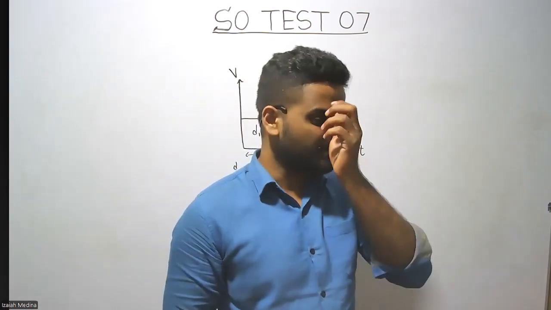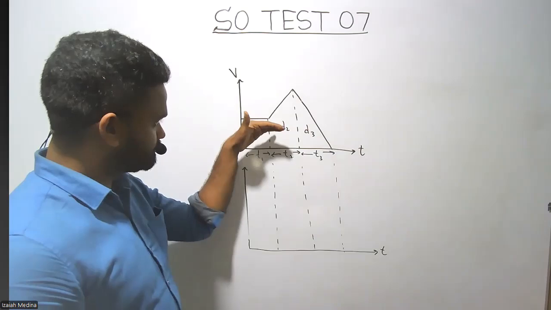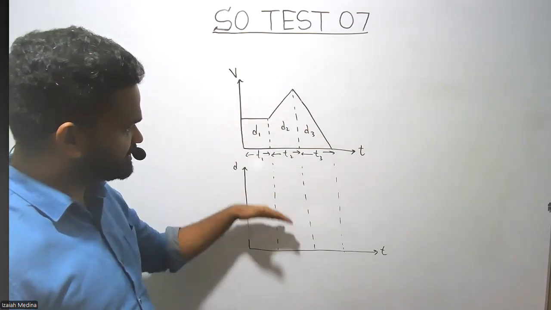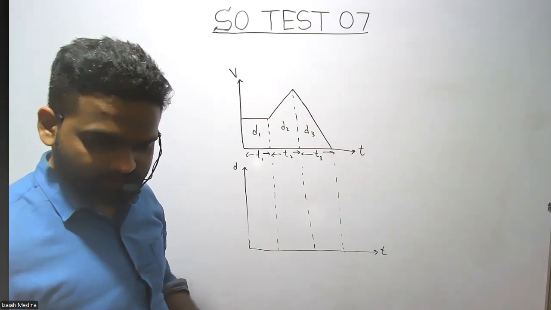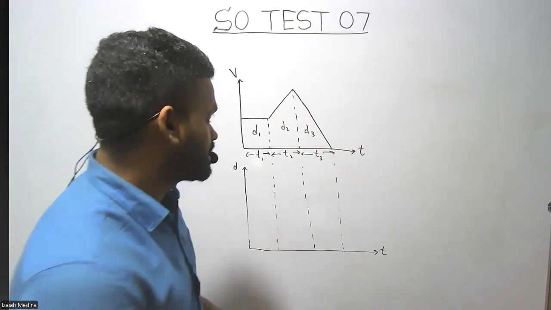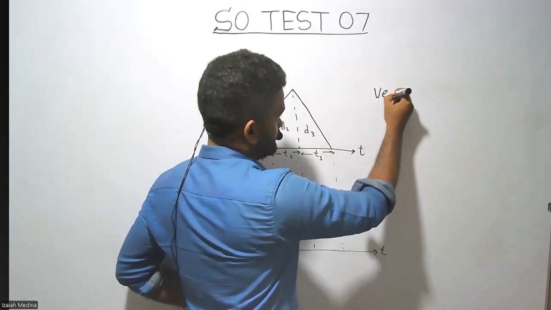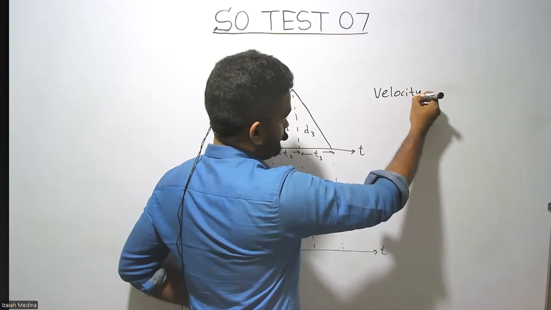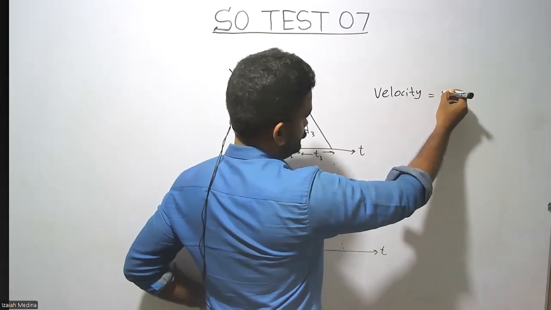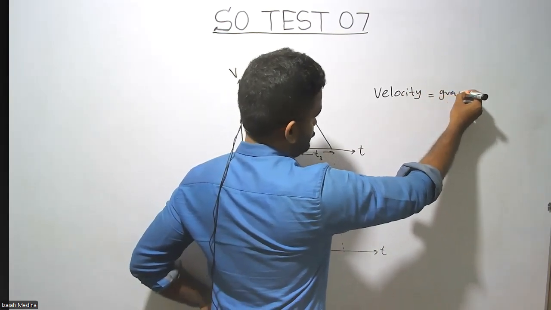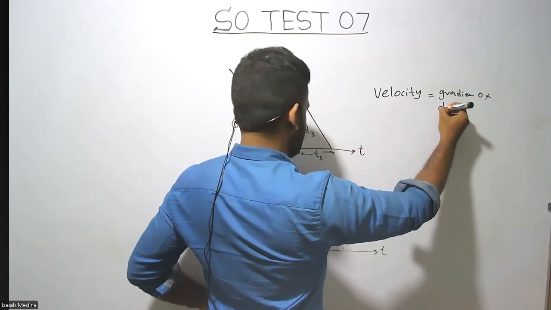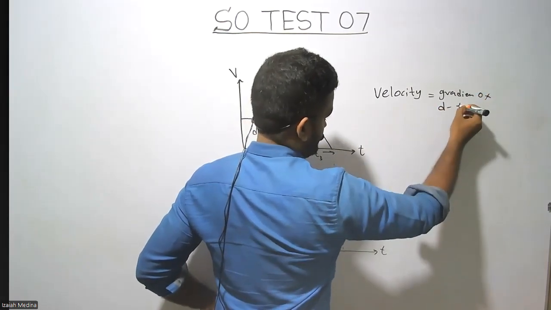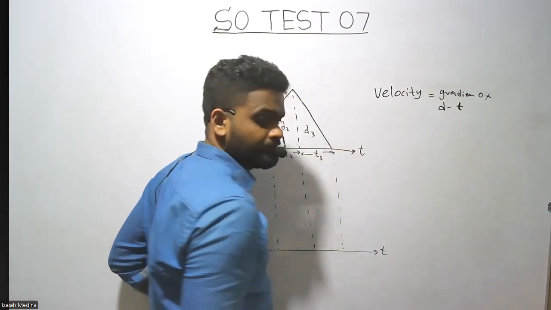So let's see what it means. The combination between distance and velocity is like this. You know, velocity is equal to the gradient of the distance time graph, ds/dt.